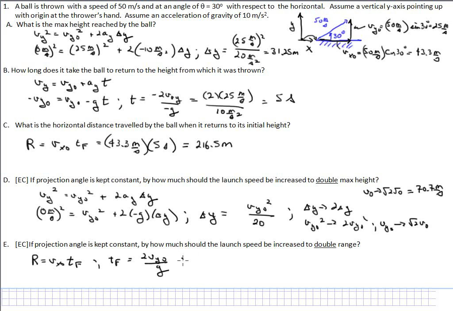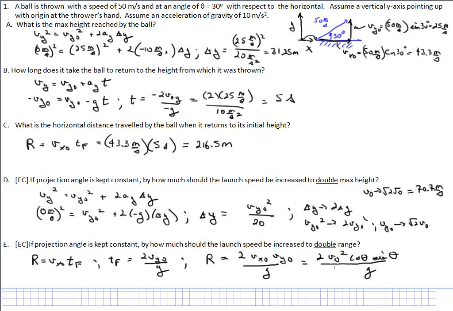And so that means that R, if I put these two things together, is equal to 2 Vx naught Vy naught over g, which is 2 V naught squared cosine theta sine theta over g.